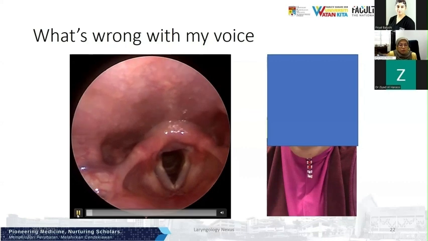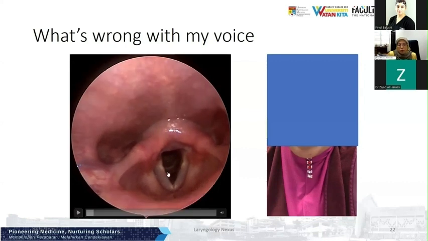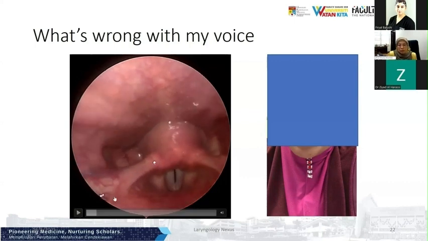So from this, we can see that the vocal folds are mobile. We don't see any lesion. And during phonation, probably there's a small phonatory gap, and that's it. But we can't really tell what is the cause of the hoarseness.